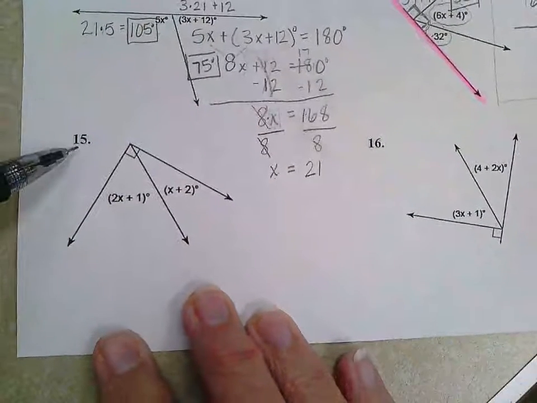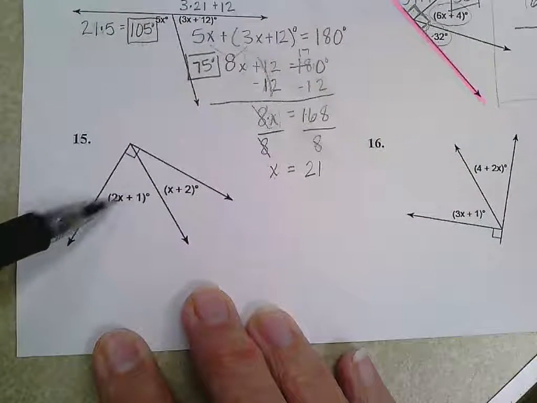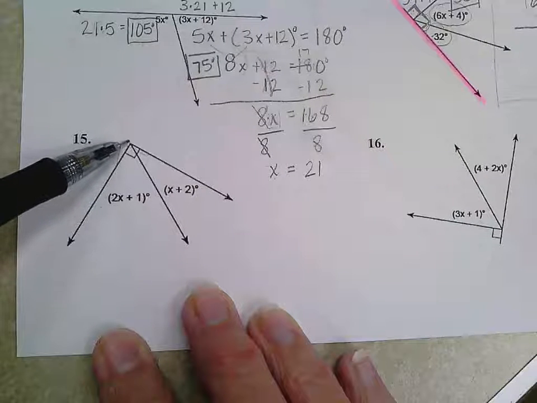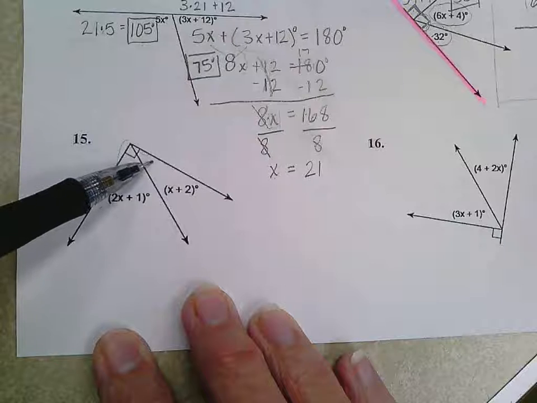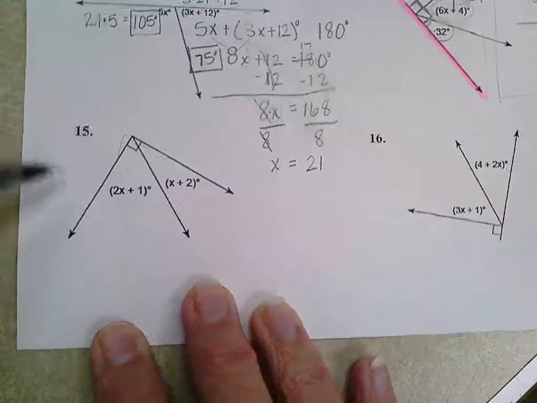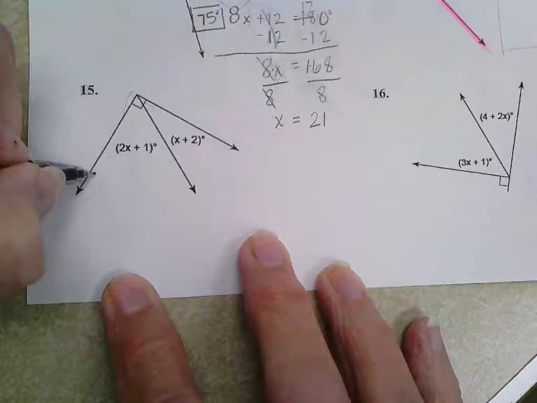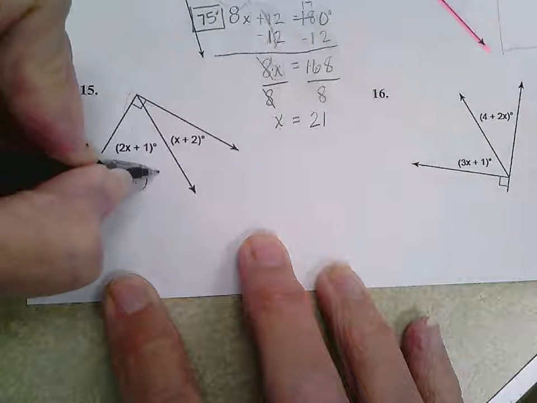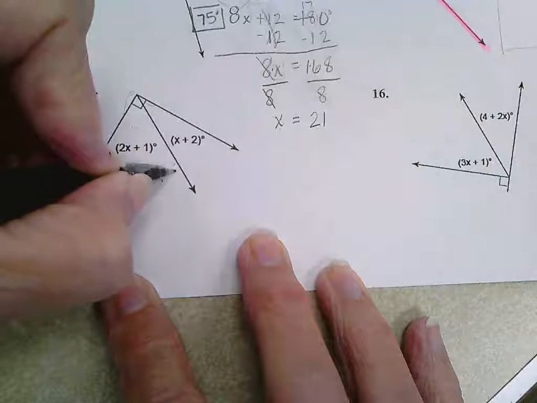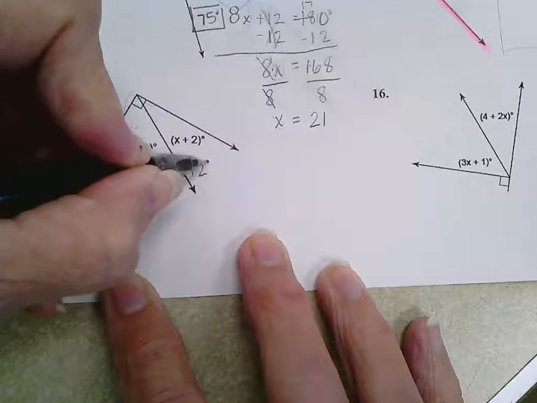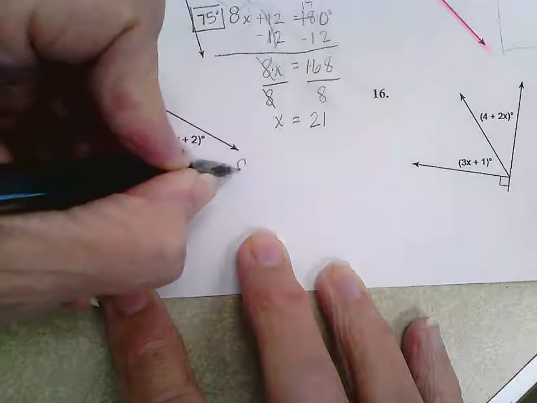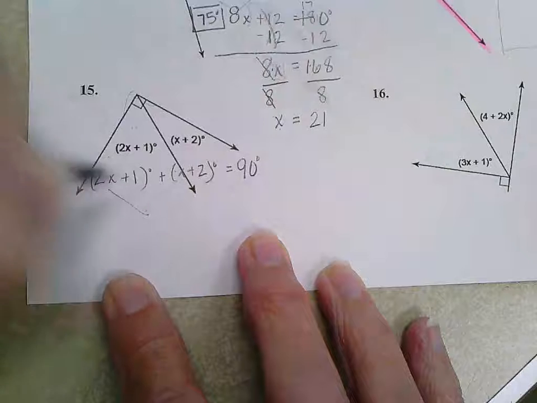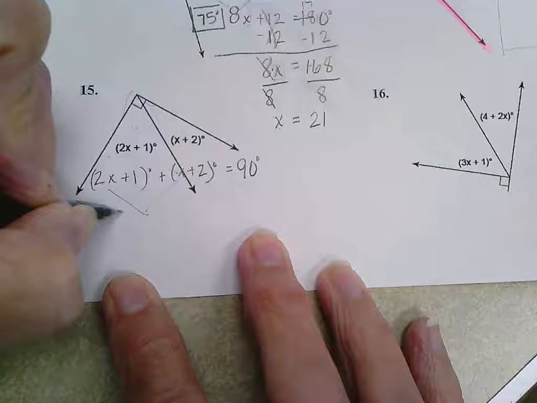So, number 15, I have two expressions. I have a right angle indicator here, so I know that the sum of these two angles has to equal 90 degrees. So 2x plus 1 degrees plus x plus 2 degrees equals 90. Combine my like terms. 2x plus 1x is 3x.